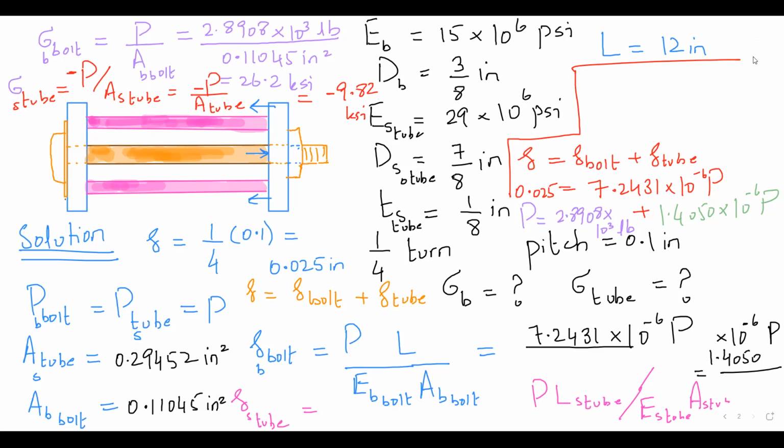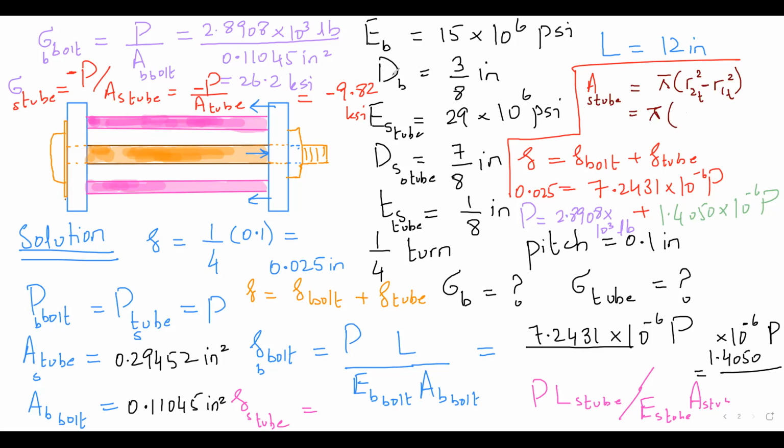The second, I think in A2. How to find the A2 area? Okay, so we have the area of the steel tube equal to pi times r2 squared minus r1 squared of the tube.